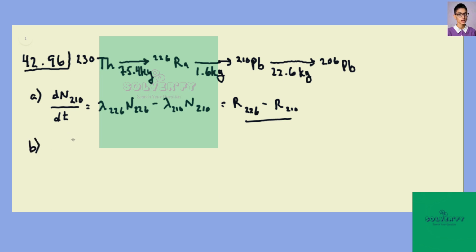So for part B, we're told that in the lead ore, because the half-life of the radium is much larger than the half-life of the lead, the nuclides of the radium and the lead are going to be in equilibrium, so the numbers do not change, and their concentrations don't change.